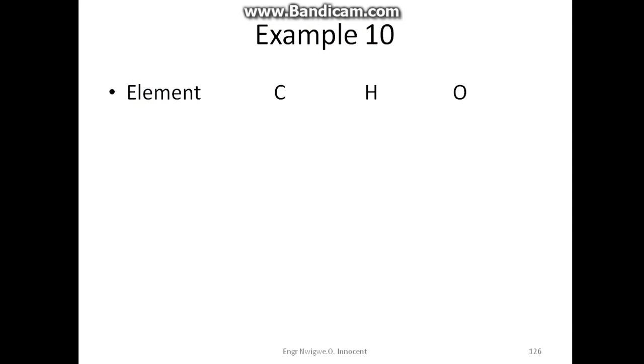For example, assuming we have the elements C, H, O in a compound, then the relative mass of C is 2 gram, the relative mass of H is 0.34 gram, and the relative mass of oxygen is 2.67 gram.